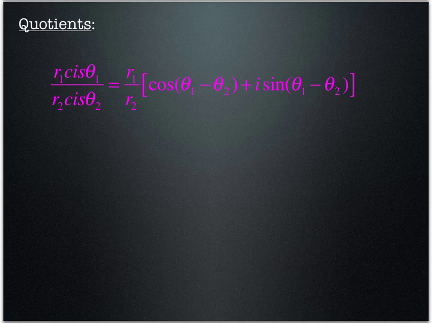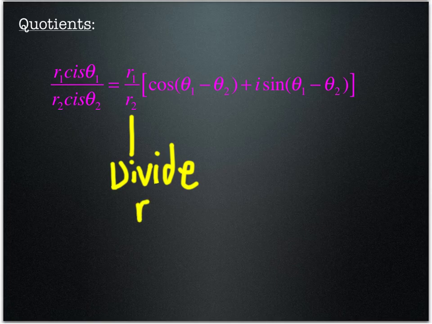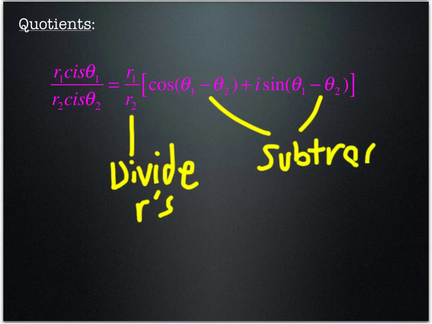So again, as you notice, we're saying that now when we divide these complex numbers, the r values, we're dividing them. A couple of slides ago, remember, we were multiplying them. And as you might guess, now we are subtracting the angles rather than adding them. So just to summarize here, we're going to divide the r's, and we are going to subtract the thetas.